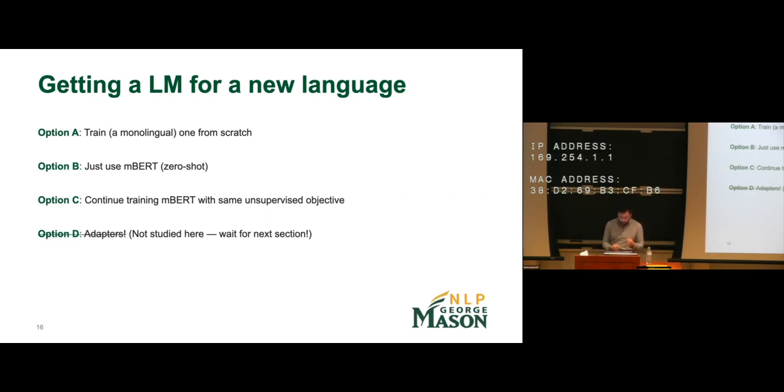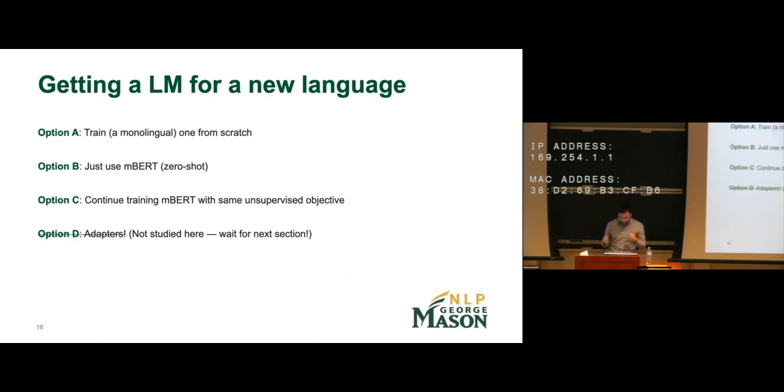Option 2, we can take mBERT as it is and try to perform the task in a zero-shot setting. Option 3: you can use whatever data you have in the language, do continued pre-training with masked language modeling on the multilingual BERT, so that you adapt it to the language that you care about, and then learn the task and perform the task in that language.